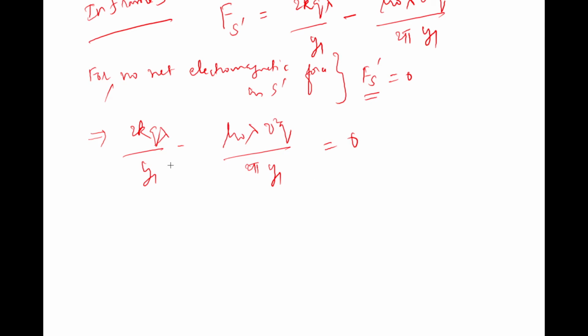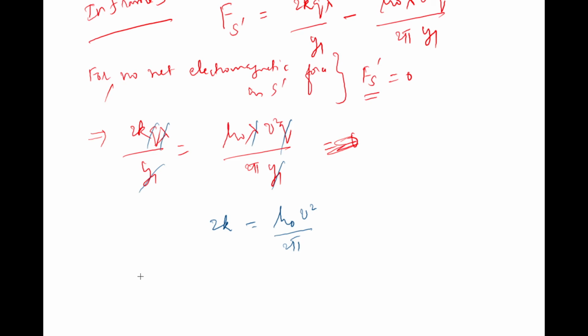Or these two terms can be equated directly. In that case we can see which terms cancel. Here lambda will cancel, q will cancel, and y1 will cancel, right? So we have 2k is equal to mu naught v squared over 2 pi.